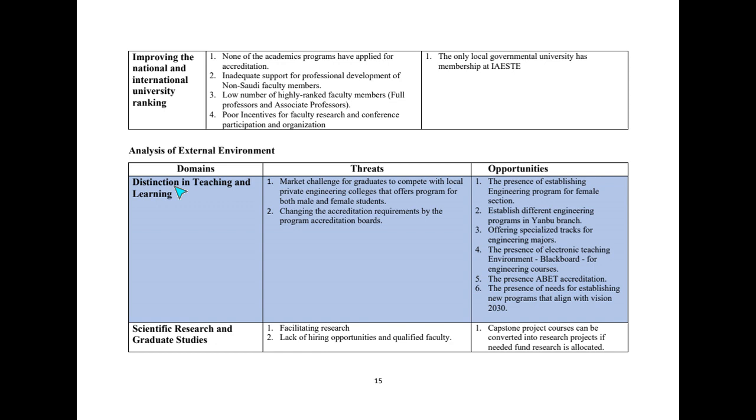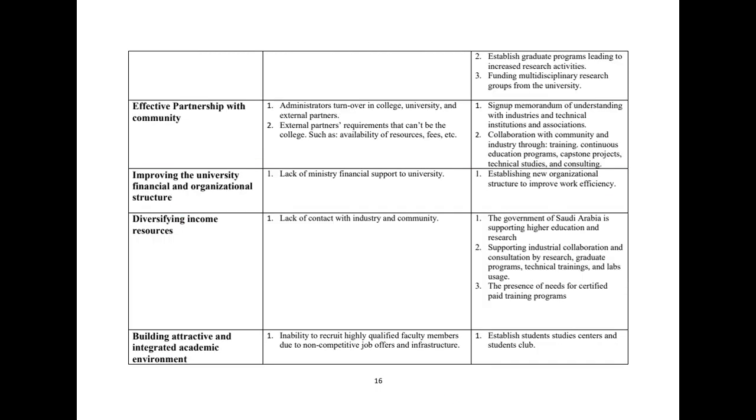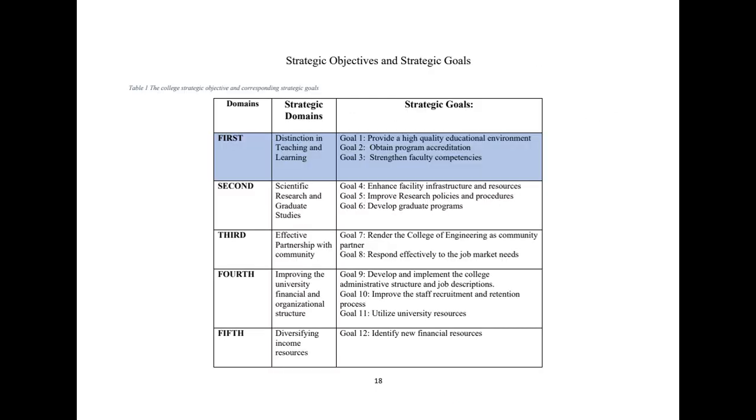One of them is the distinction in teaching and learning, as we saw from the mission and the vision statement. Okay, so let's move on. Sorry, it is not here, it's in the goals here. This is the domain, the distinction in teaching and learning.